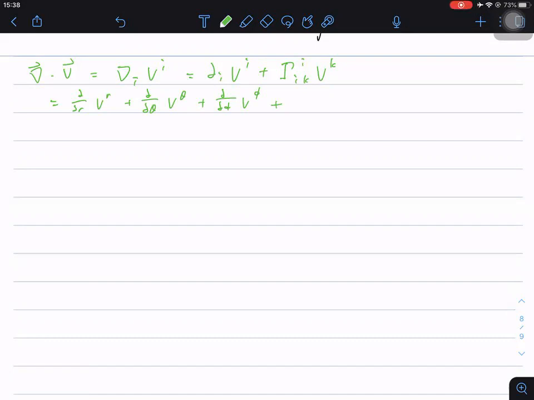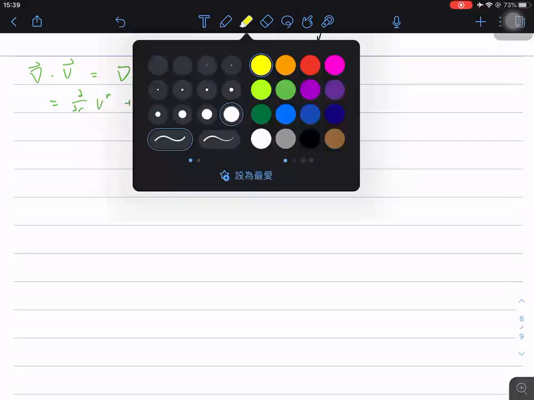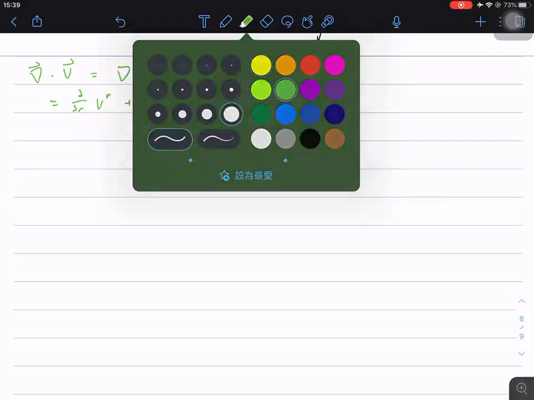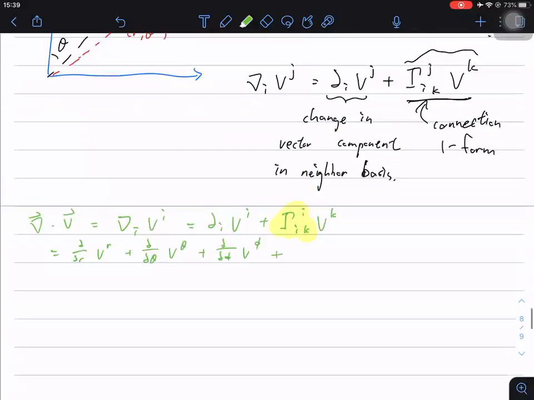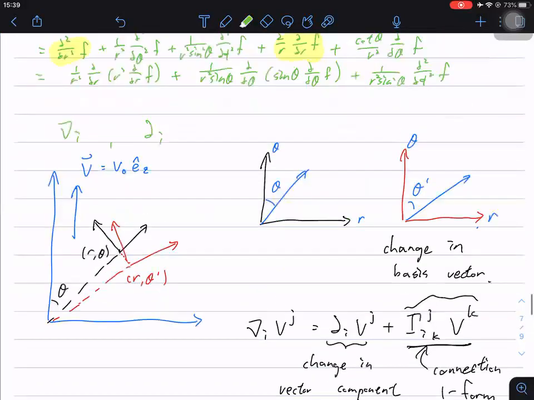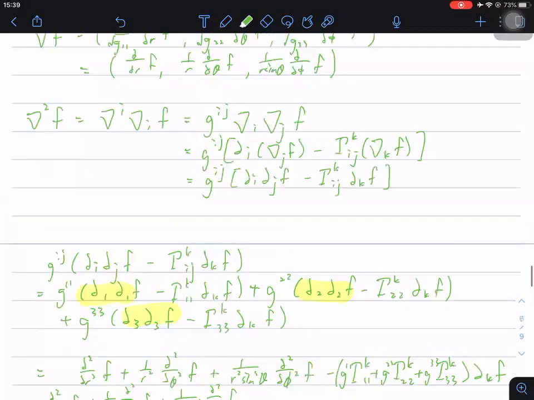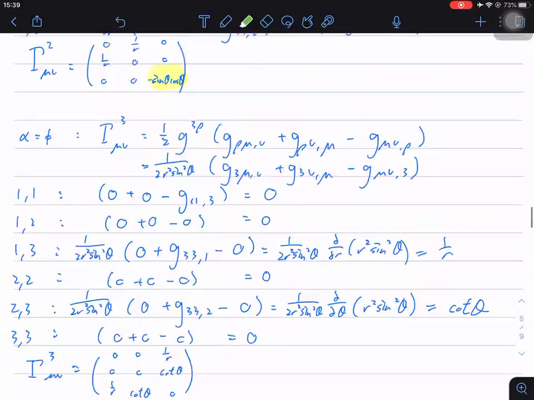And for this term, I think I have mentioned it in probably exercise class 6, about what this term is. It's basically related to the determinant of the metric itself. But never mind, we have already worked out the Christoffel symbols, so it would not be hard for us to do the summation ourselves.